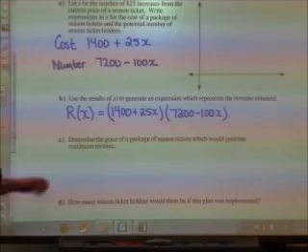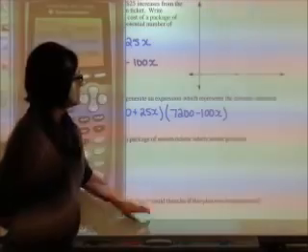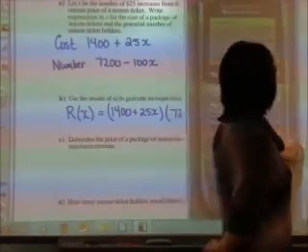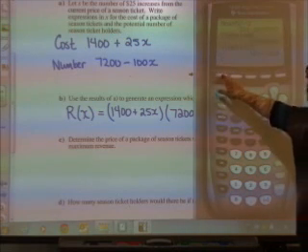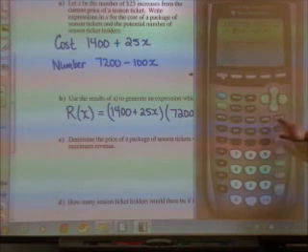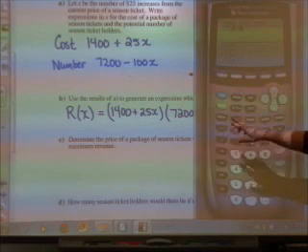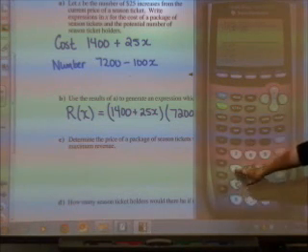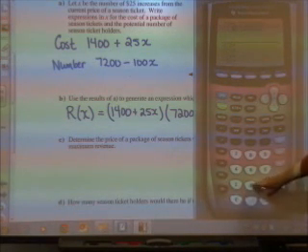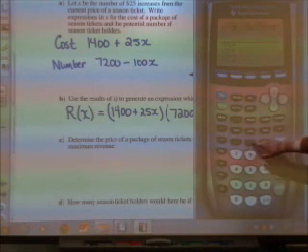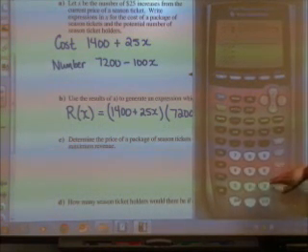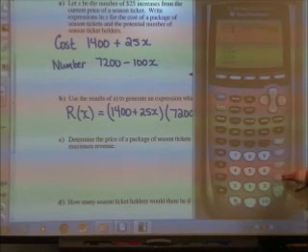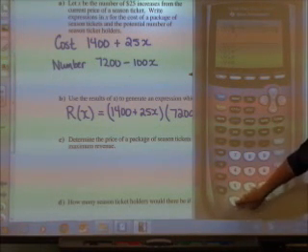So I'm going to graph this. And this is the tricky part when I go to graph this, determining the window settings. So if I go Y1, I can just put it in its factored form: bracket 1400 plus 25x, times 7200 minus 100x.